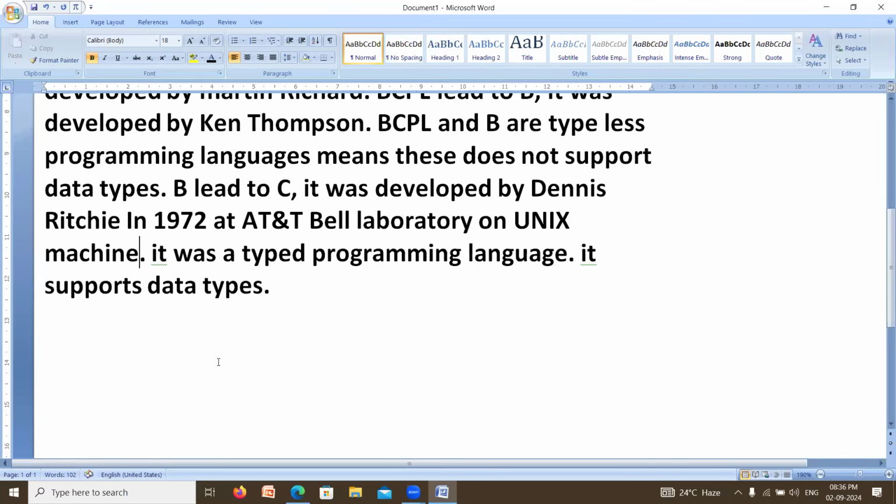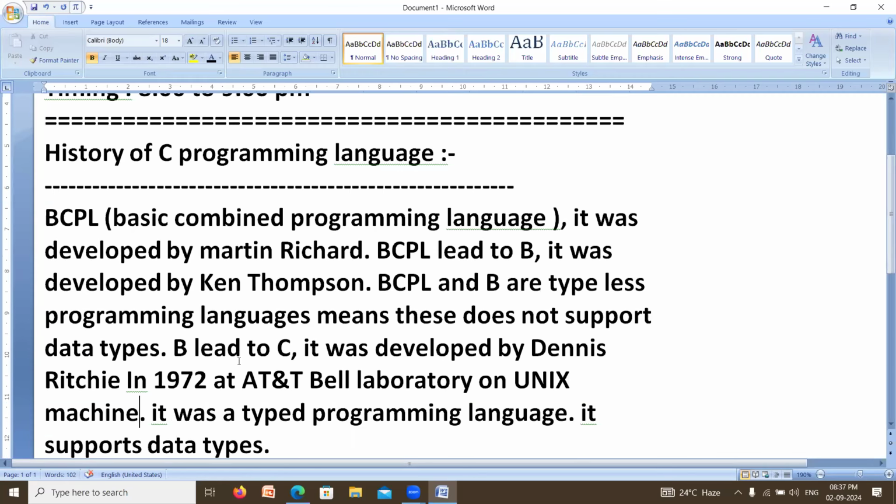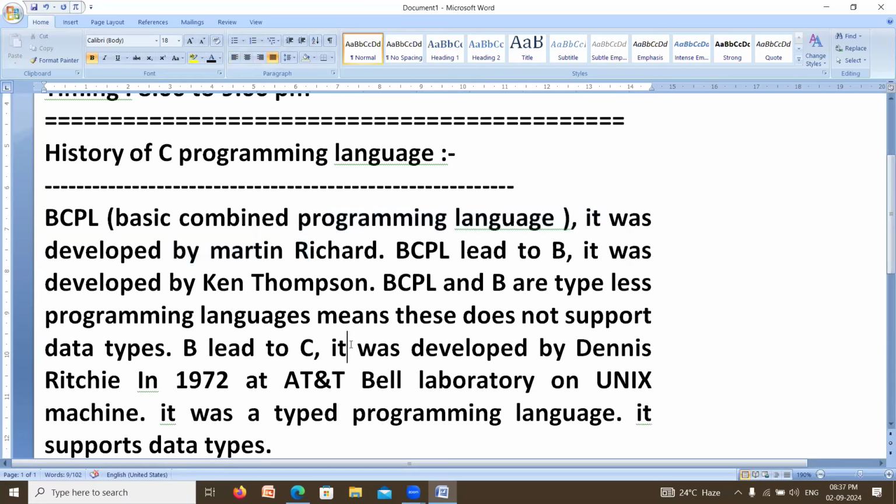This is the history of the C programming language. Once again, I will explain. BCPL means Basic Combined Programming Language. It was developed by Martin Richard. From this language, a new programming language B was developed by Ken Thompson.